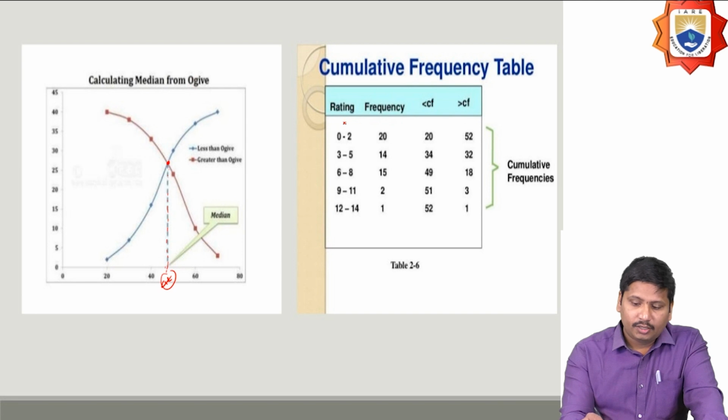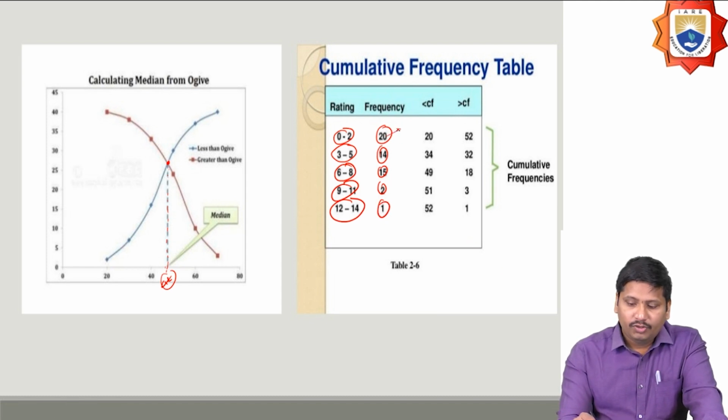So let's take factors like rating, frequency, and less than cumulative and greater than cumulative. Once these variables are obtained, the rating I'm going to give as 0 to 2, with a difference of 2, which I'm taking as the class interval I defined, and the frequencies are already obtained from the data.